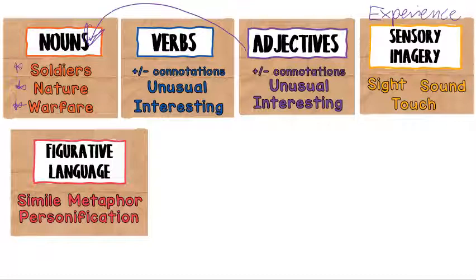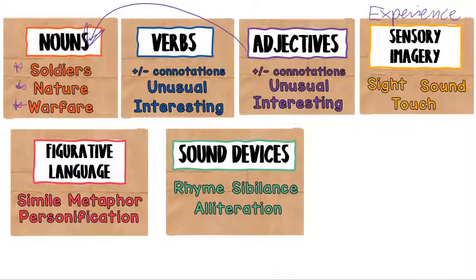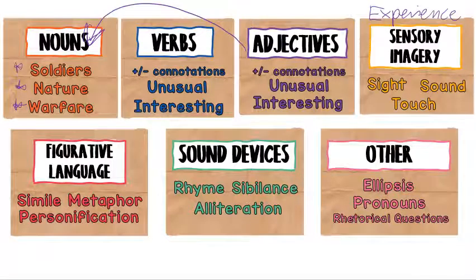So we've done a lot of words to do with what we are seeing, and the similes and the metaphors. And then after I've looked at figurative language, I like to look at the sound devices: rhyme, sibilance, alliteration, perhaps even onomatopoeia, depending on the poem.